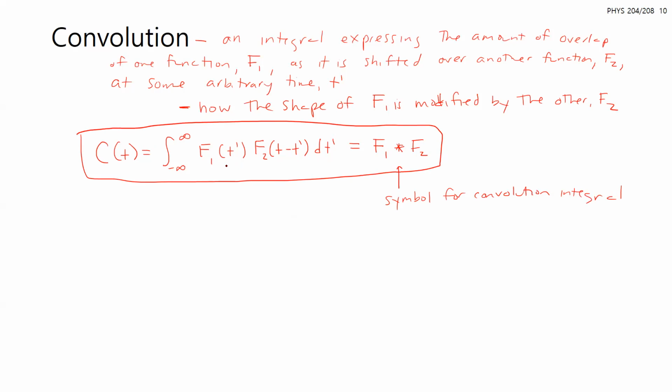T prime here is going to be a dummy variable. You can see that it's not in the final result. The final result, the convolution here, is all in real time, the T. And this is just indicating the shift.